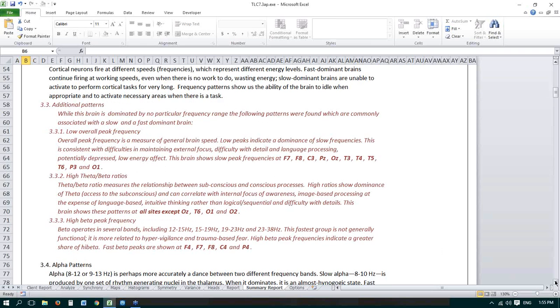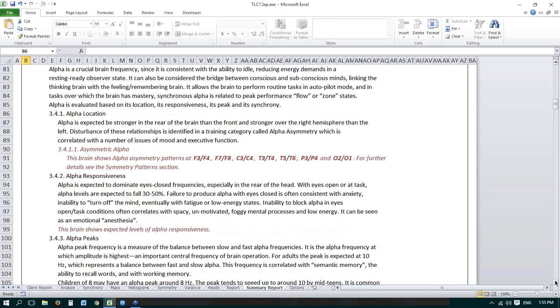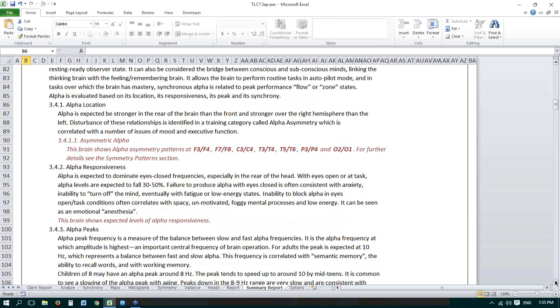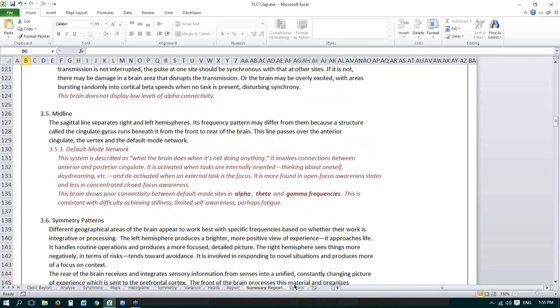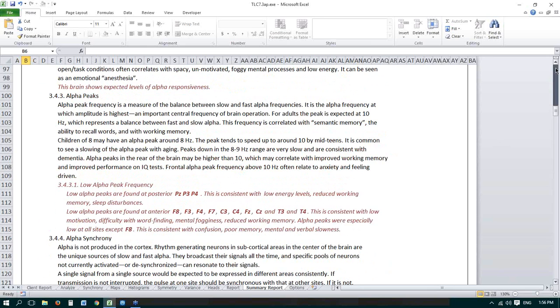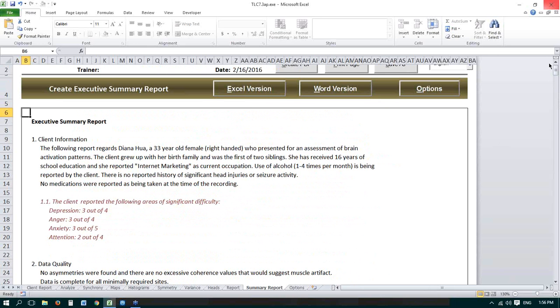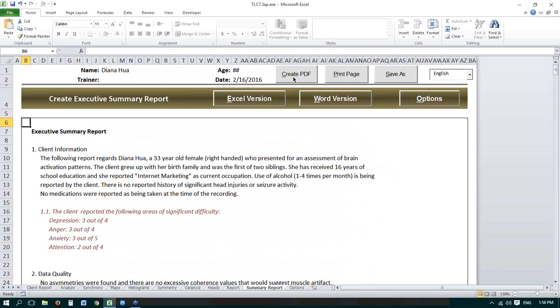And then you could go down to the alpha areas, a whole bunch of different things in alpha, the midline, and so forth. So that's done very, very quickly, and by simply clicking up here that I want to have a PDF, I can choose this page to produce a PDF of it.